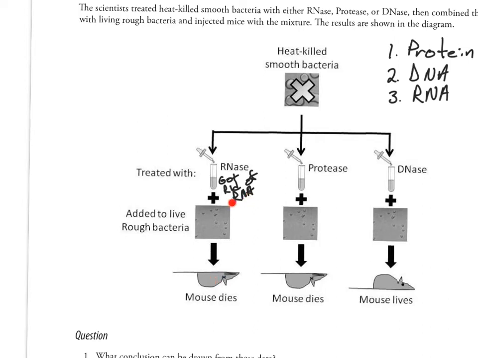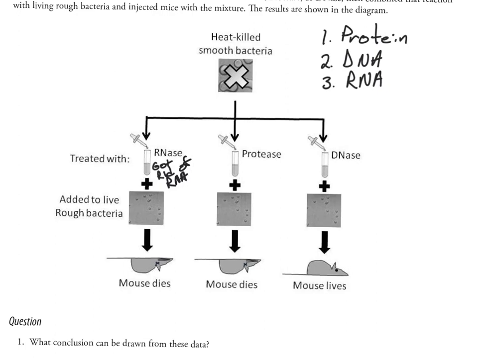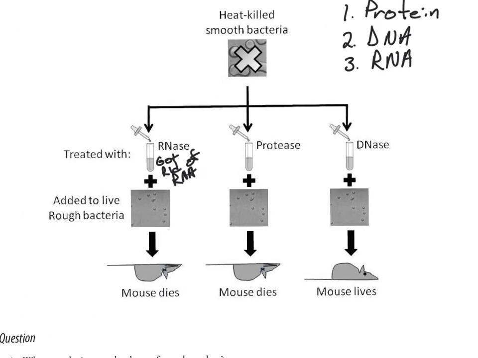The RNA did not transfer the information required to make this rough colony smooth, right? That genetic information was not transmitted by RNA, because RNA is gone from the sample.